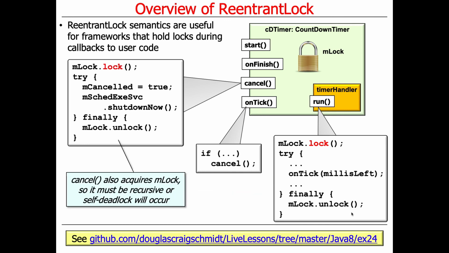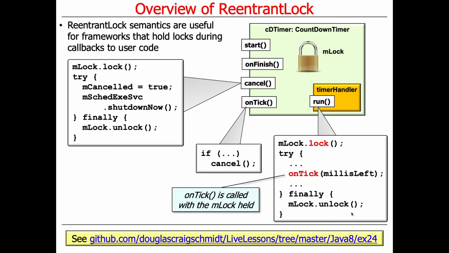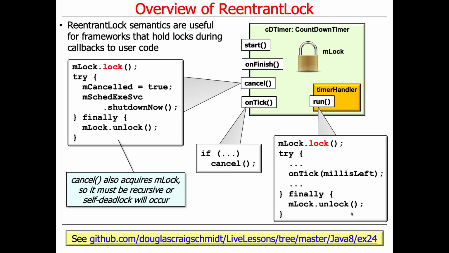And as you can see, what cancel does is cancel reacquires the lock, because it's going to change the state. It's going to change the state mCanceled to true. And it doesn't want to do this without holding the lock. But note that that lock has already been held by the one that called onTick, who's the one that called cancel, who's the one that reacquires the lock. So this is a recursive lock.